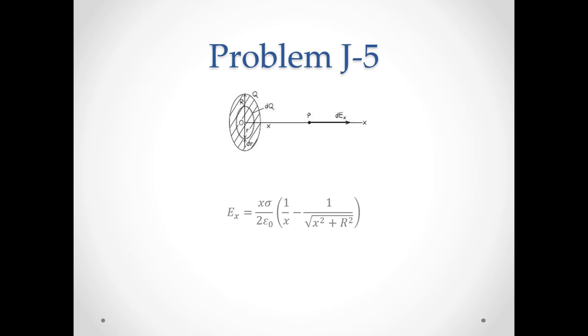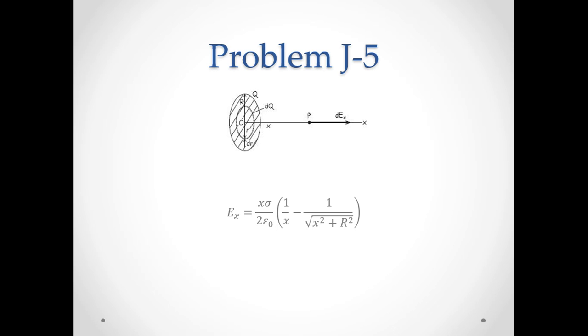We actually calculate out the electric field, and we get x sigma over 2 epsilon naught times (1 over x minus 1 over the square root of x squared plus r squared). Now the cool thing here is if, say, x is really big compared to r, you end up with an odd result: the electric field becomes 0.